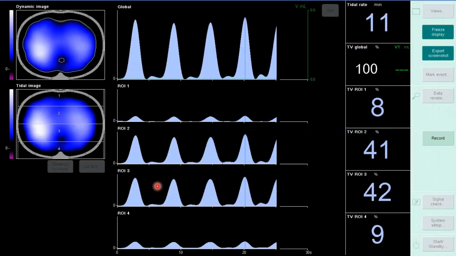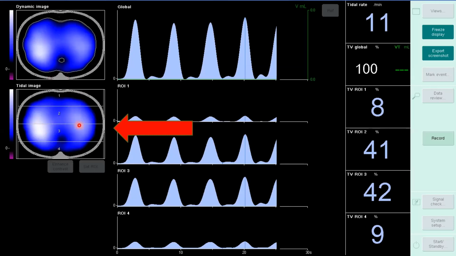So this is the main screen. Over here, this is a screenshot, obviously, but this is actually a dynamic real-time inspiration, expiration. So you see a dynamic image here. You'll see the last tidal image appear there. You can divide these into regions of interest. So you can have, as we have here, ventral, mid-ventral, mid-dorsal, and dorsal, or you can put these into quadrants and you can adjust.